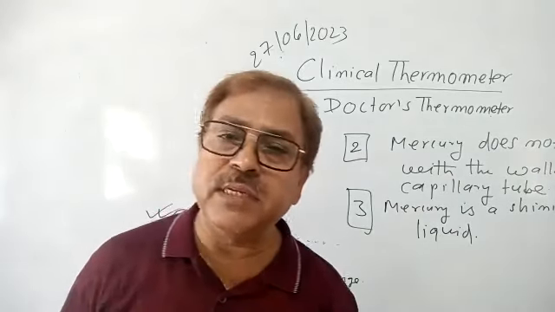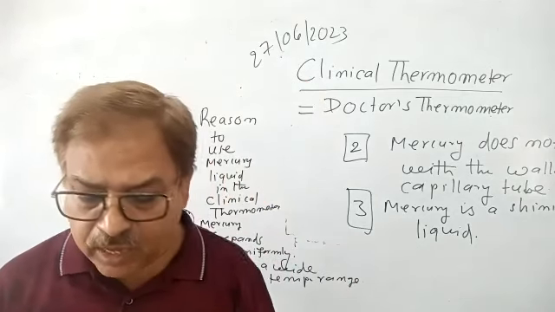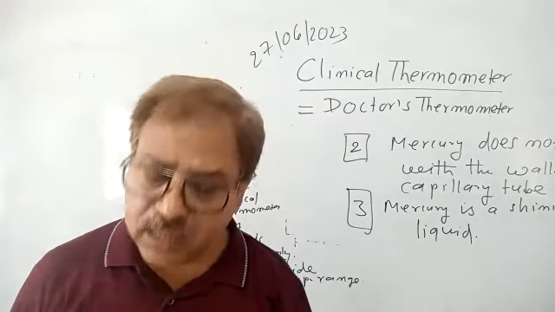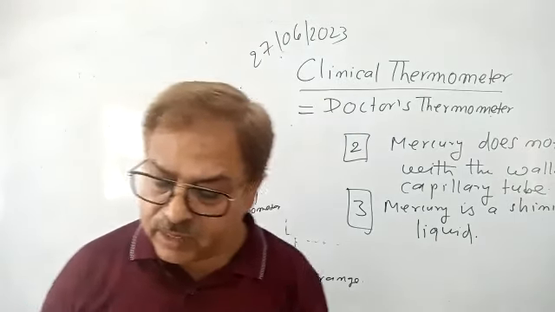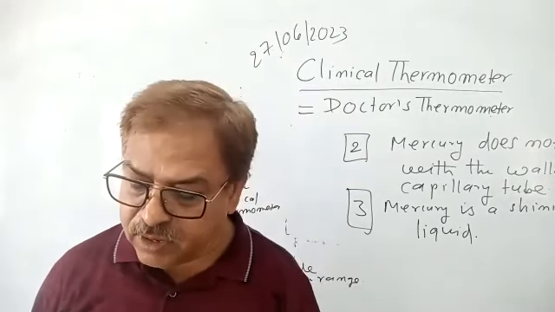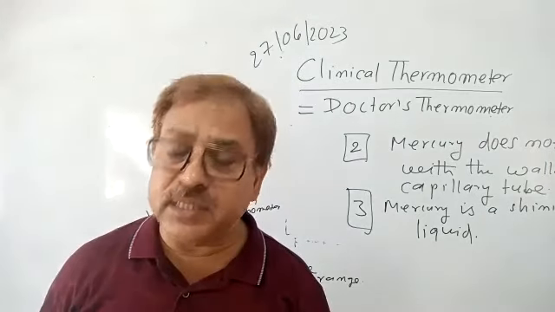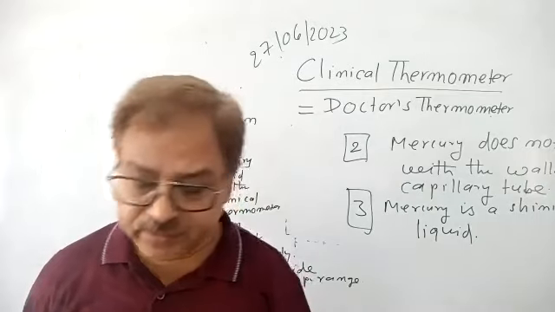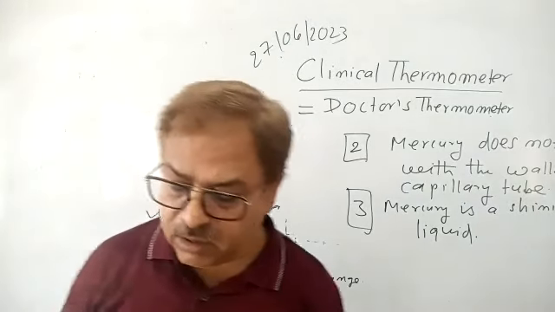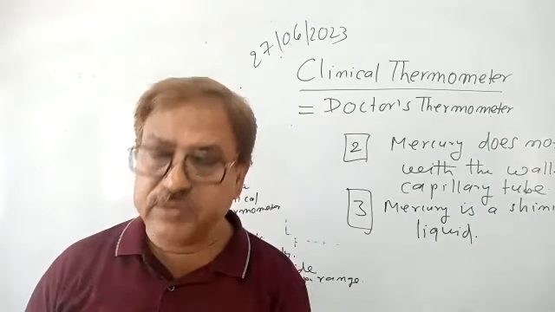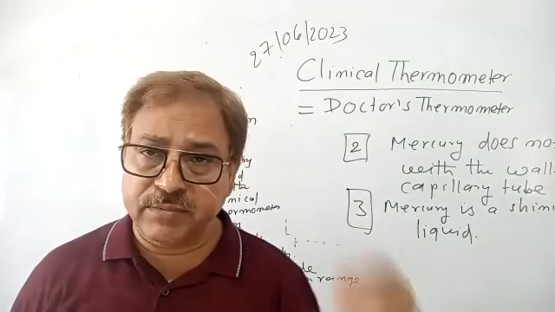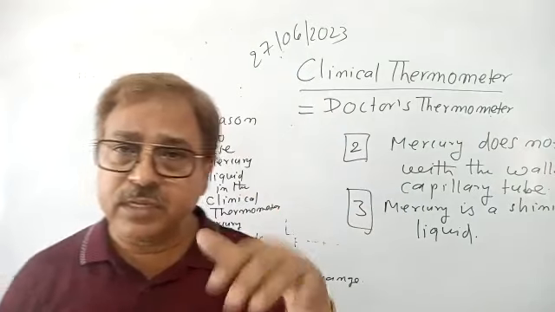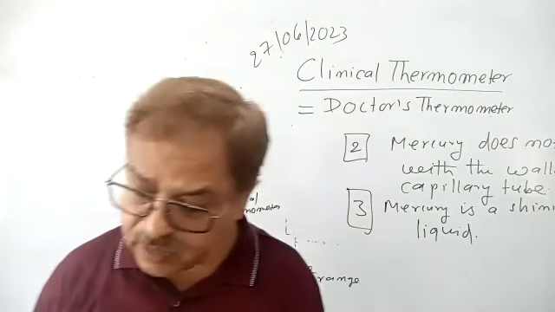There is one activity related to this: how to measure the human body temperature by using a clinical thermometer. Before measuring the body temperature, first of all, the thermometer must be washed with an antiseptic solution. Number two, it is held firmly and a few jerks are given so that the mercury level stays inside the bulb.